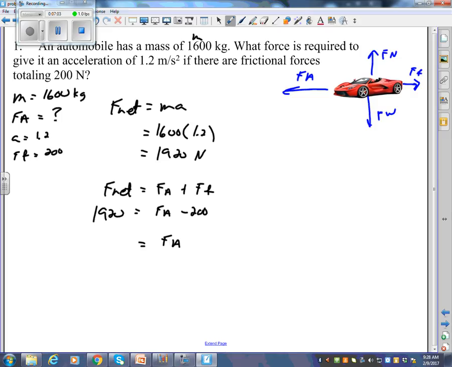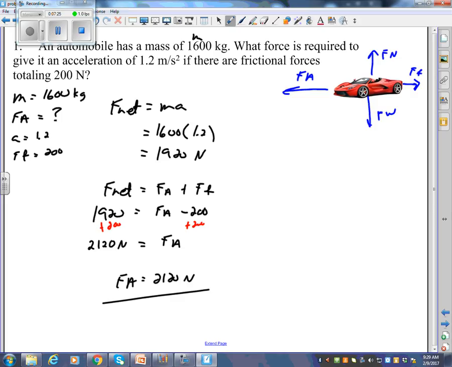We add it over here. And I'm not going to do this all the time, but I'm going to start the first little while here, just to get your math skills back up to speed. So 1920 plus 200 is going to be 2120, isn't it? 2120 newtons. And most people like to put it that way, right?